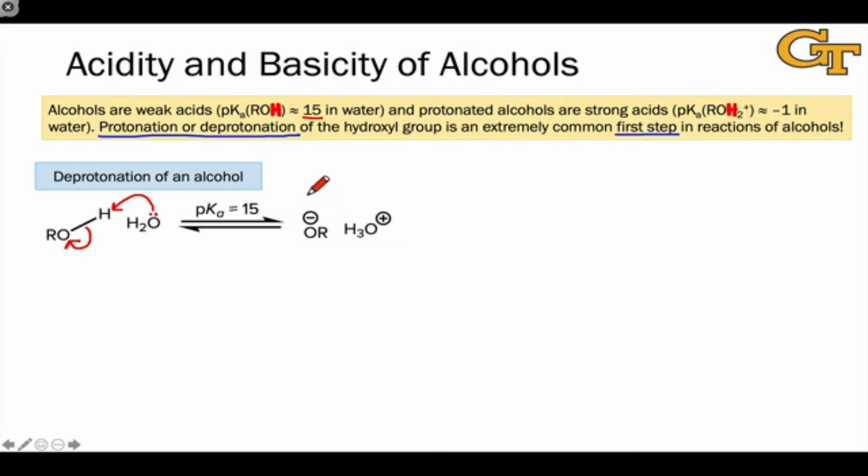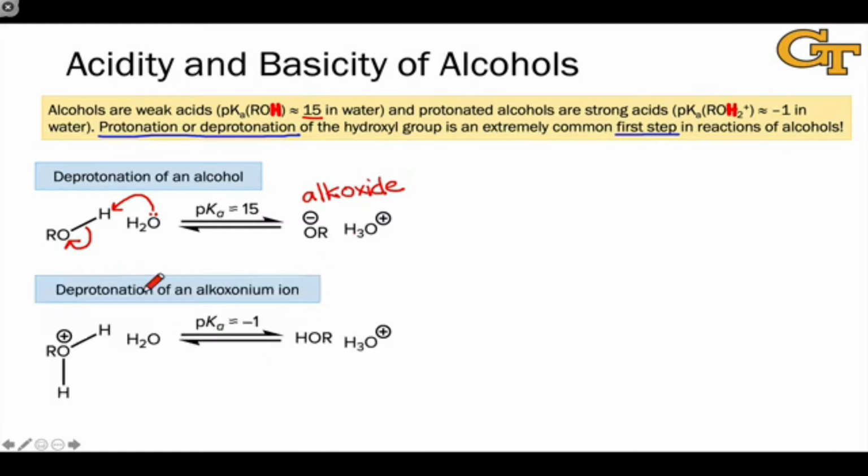This is a term we'll use on numerous occasions, and we'll often see alkoxide bases like sodium or lithium alkoxides used as bases in chemical reactions in the future. The conjugate acid of an alcohol is called an alkoxonium ion, and this comes from the protonation of the alcohol oxygen. Deprotonation of the alkoxonium ion is much more favorable due to the positive charge of the oxygen atom.